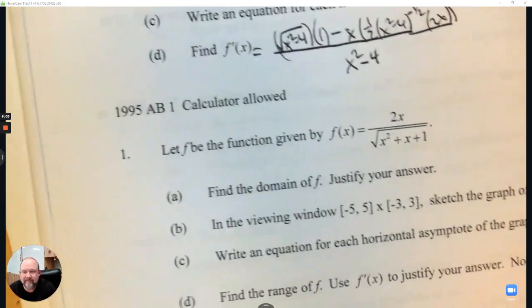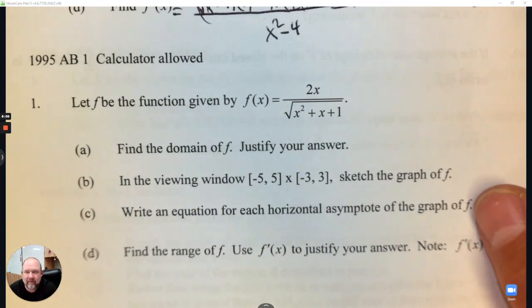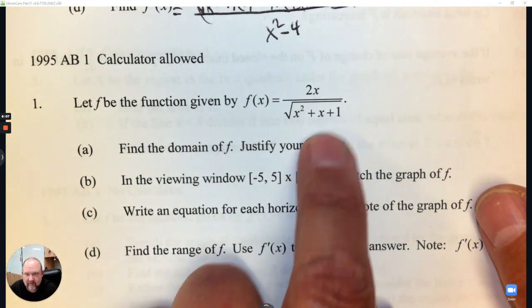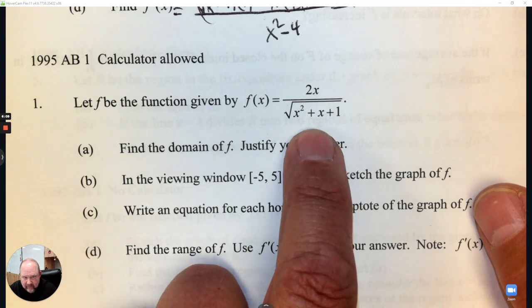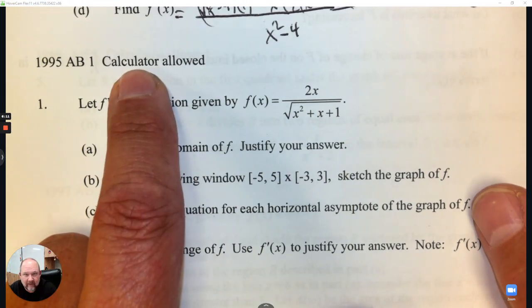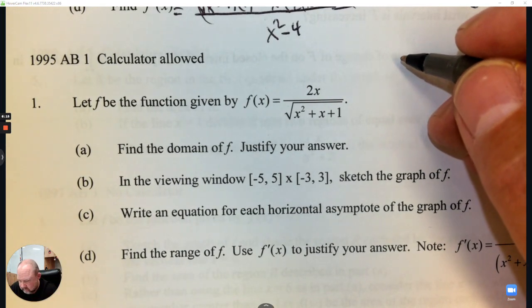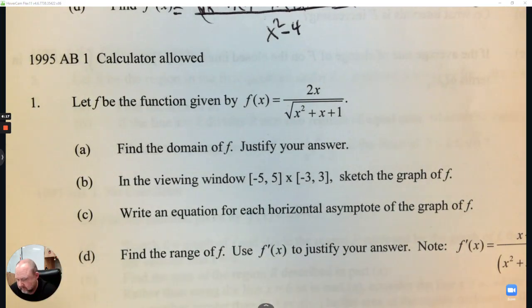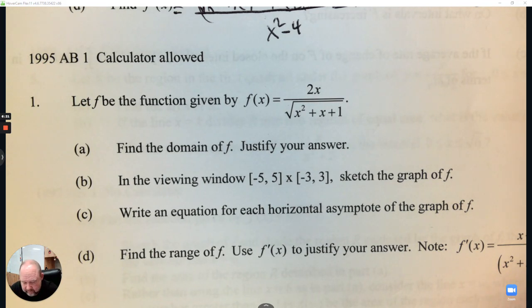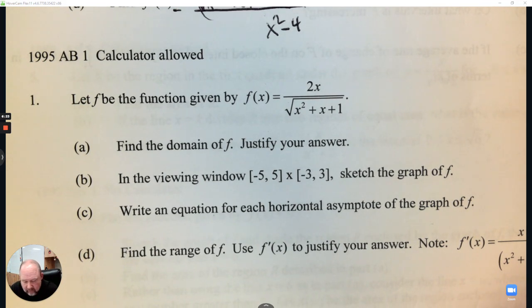Next, you're given this function. Find the domain of this. Now you're allowed to use a calculator, so that's what I'm going to do. Oops. So I'm going to use my calculator to do it. Solve.